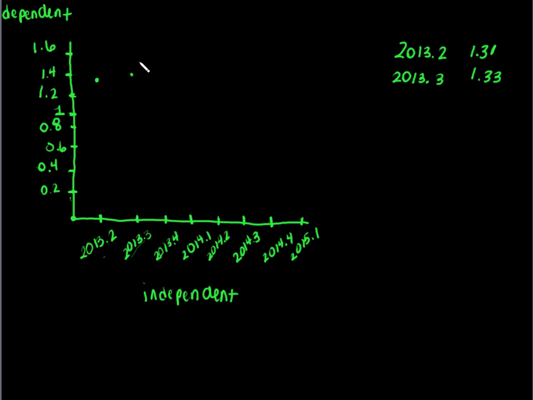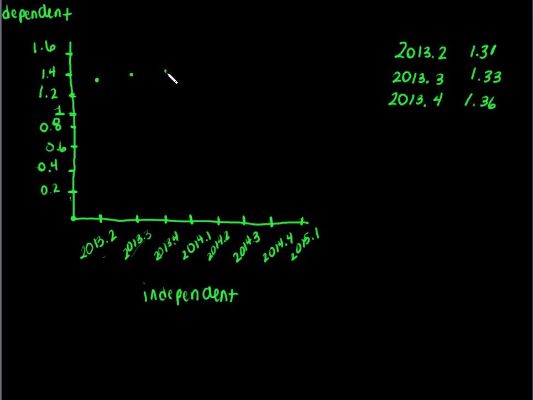Now the fourth quarter of 2013, 1.36. A little bit above. And I still haven't gotten to 1.4. In fact, I've probably gone above 1.4, so let's move that down just a bit, maybe to here. Still a little off, but it's never going to be perfect when you do it by hand.